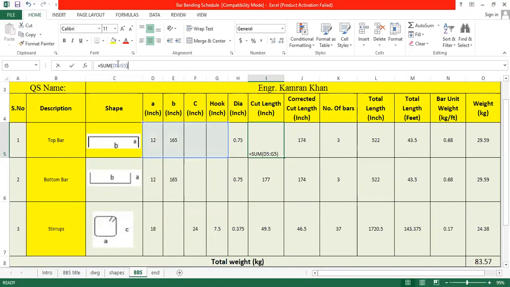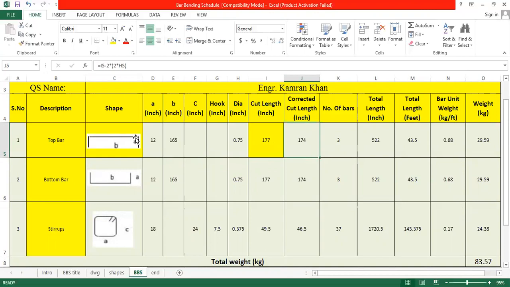Over here only A and B are involved, so the length is 177 inches. Now for the corrected length, you can see a bend on this side as well as a bend on this side, and this is a bend at 90 degree.